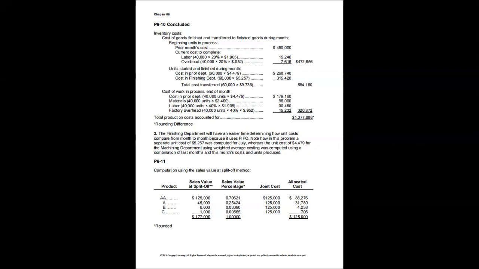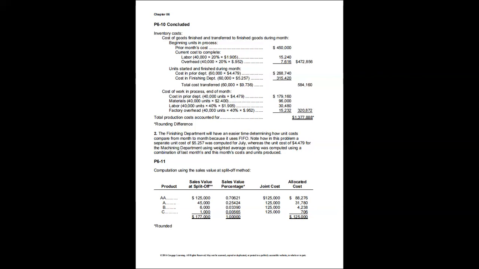So we now have in problem 11 the four types of products of Auto. So we have now the products A, B, and C. Sales value at split off. So sales value at split off for A 125, B 45, and the total 177,000. So with 25,000 times 5 equals 125,000.